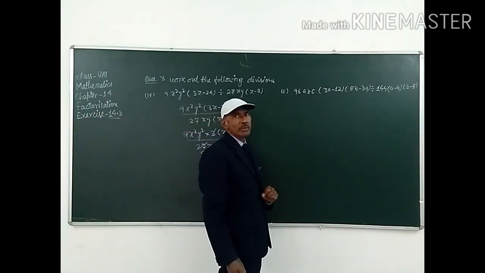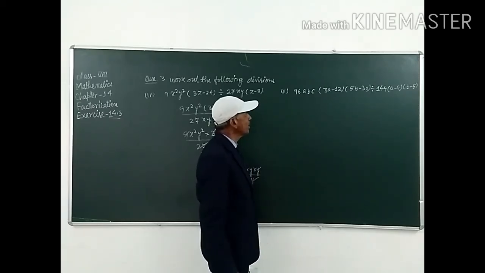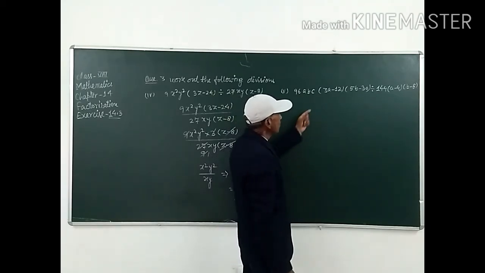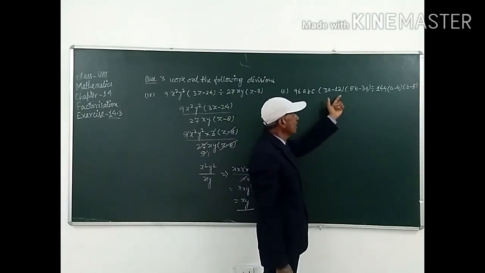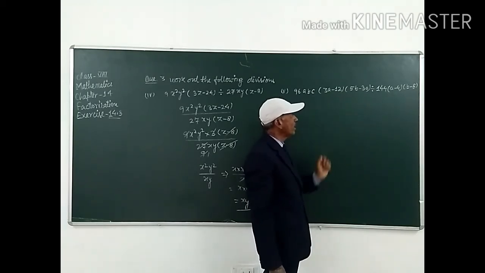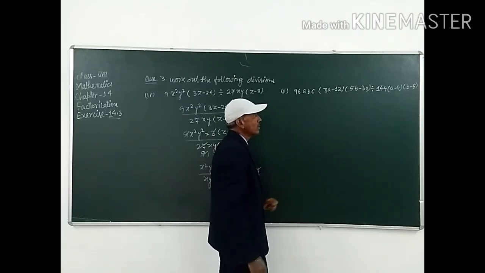Now we have to solve the last part of this question, student, that is the fifth part, and in this 96abc into 3a minus 12 into 5b minus 30 divided by 144 into a minus 4 into b minus 6.